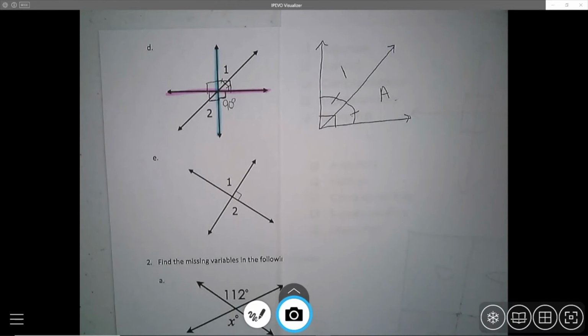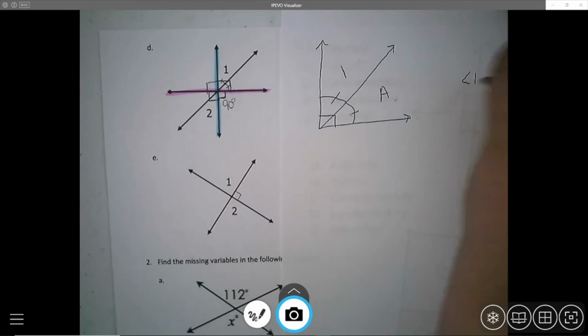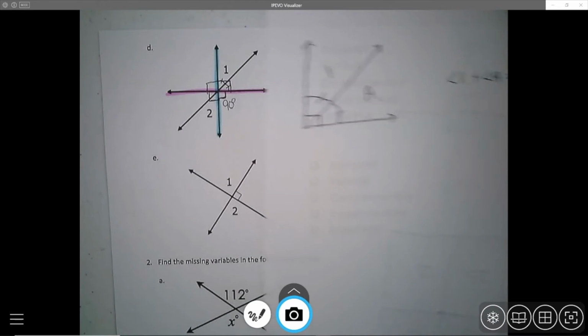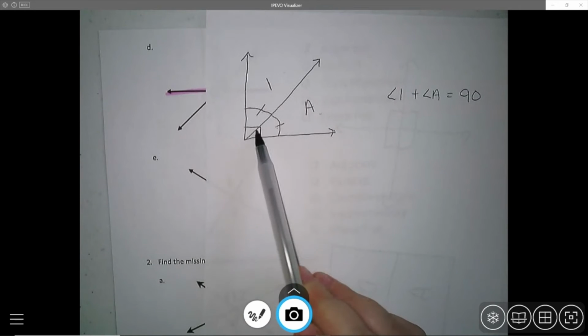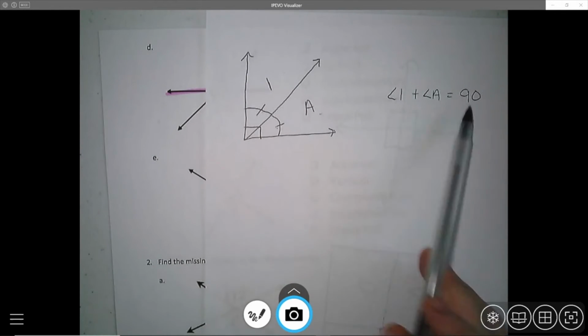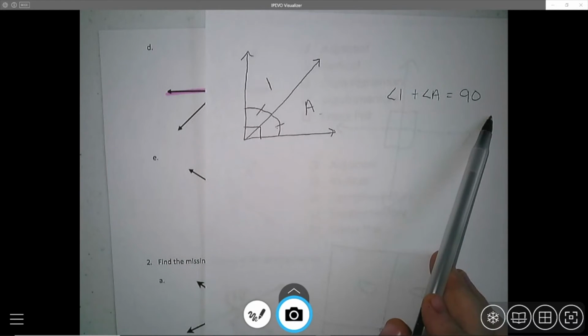Why I know we have enough is because we know angle 1 plus angle A has to be 90 degrees, because, let me move this over so you can see that, angle 1 and A together form this box. Now, angle 1 and angle A are the same thing.